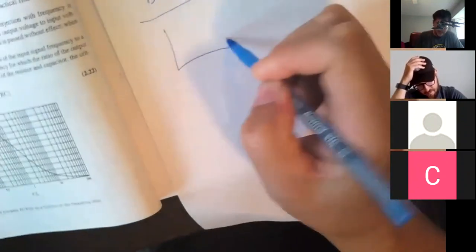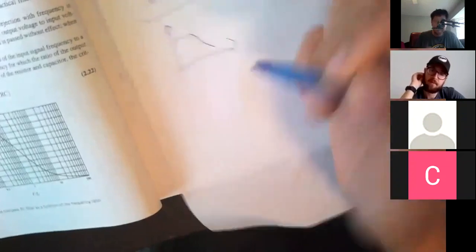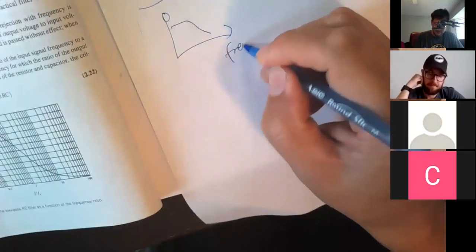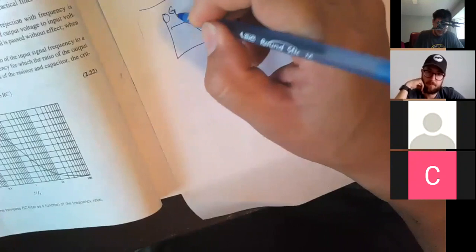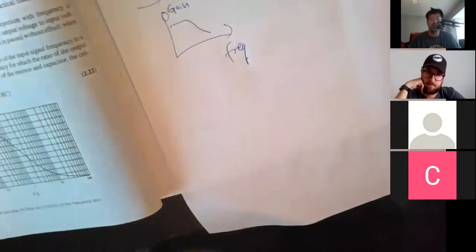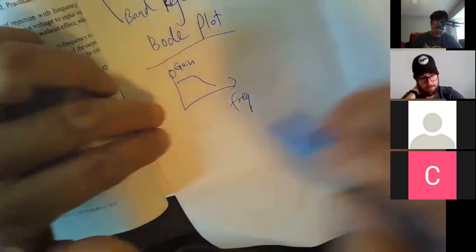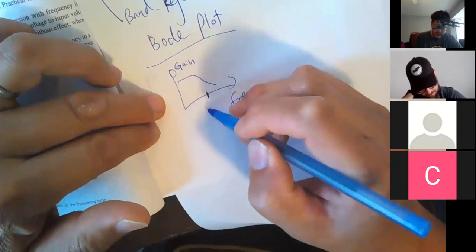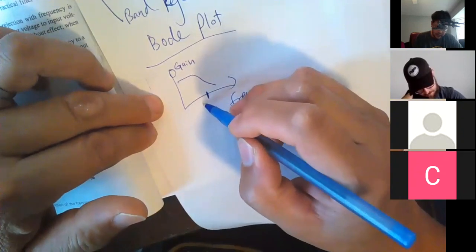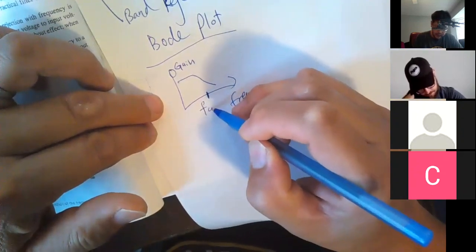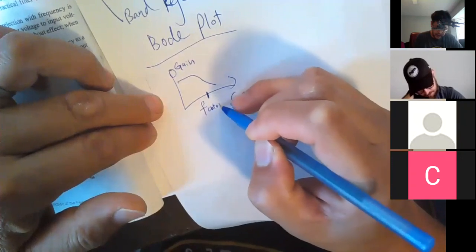So a low pass filter looks like this. Very intuitive. This is called the cutoff frequency, F cutoff.